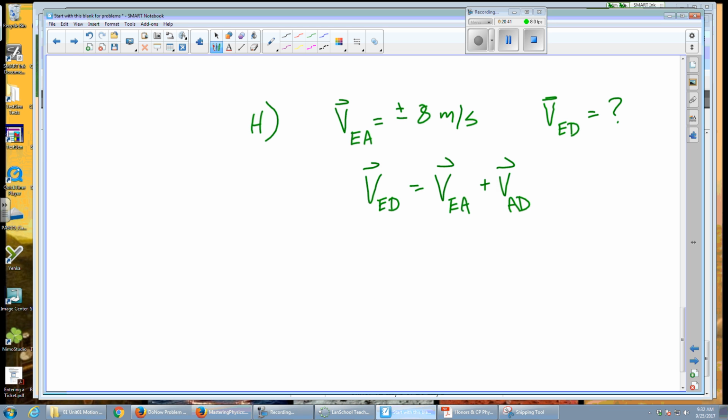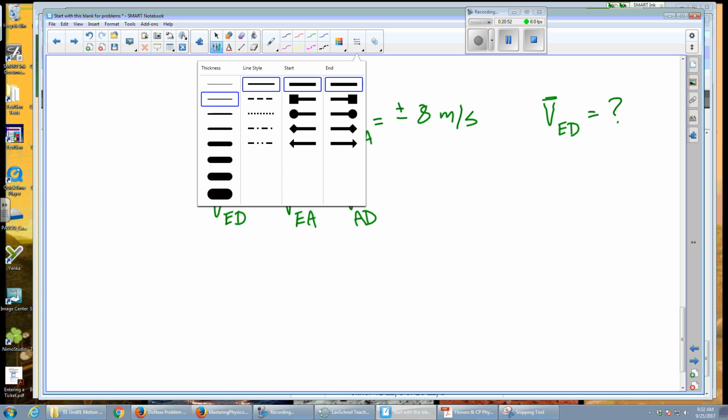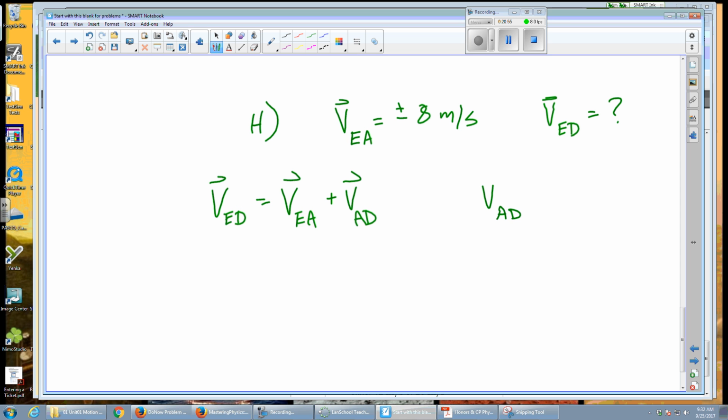Because I could do velocity of AD equals velocity of A to the Earth plus the velocity of the Earth to D. Problem is, EA could either be 8 or -8, because it doesn't tell me what direction. They may have meant to the right as positive, but I'm not sure.